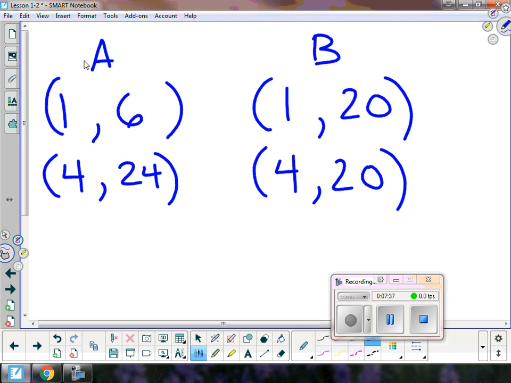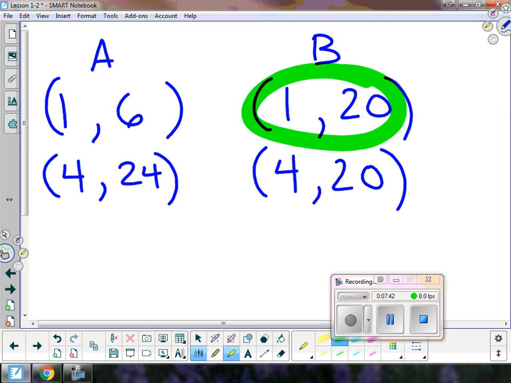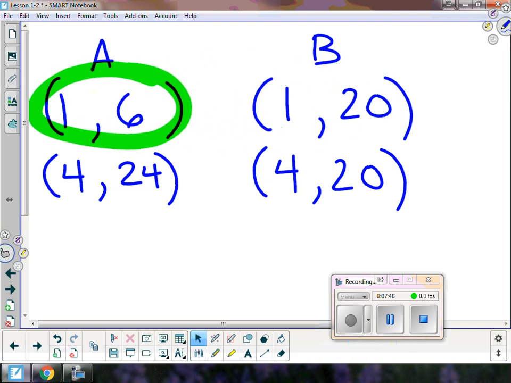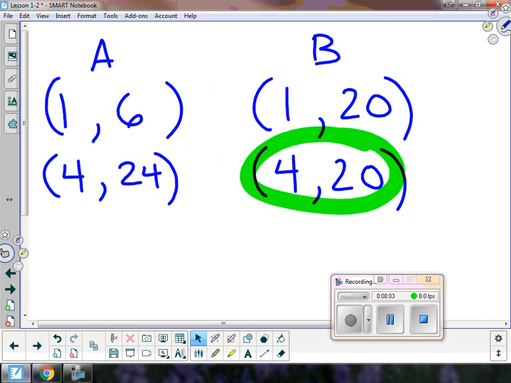Okay, so if we need 1, we're happier at store A. If we need 2, are we happier at store A? 2 would be $12 at A, 20 at B. 3 would be $18 at A. How much at B? 20. 4 would be $24 at store A, $20 at store B. What about 5? 30 versus 40.